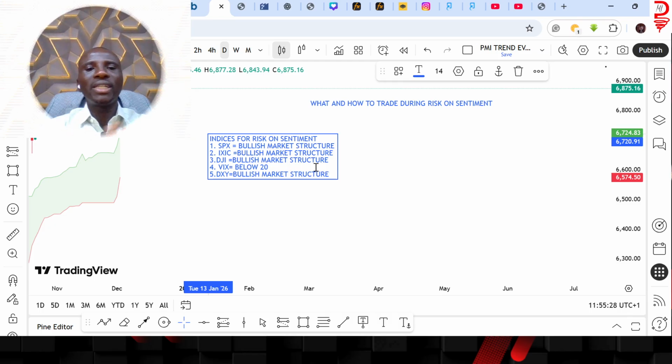If you have all these metrics or all these indices, itemized like this, and you confirm them, just like I'm going to check, before we move on, because fortunately we are currently on a pure risk on in the market, and of course, I'm going to look at a few assets that we can trade, and if possible, I'm going to check if we have any signal or a live trade that I can call on this particular video.